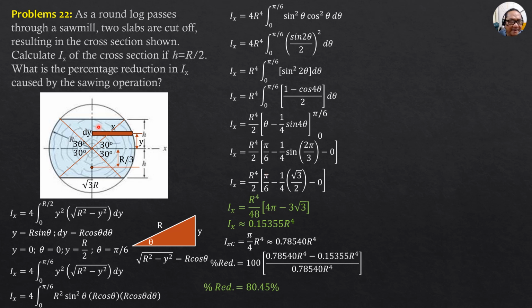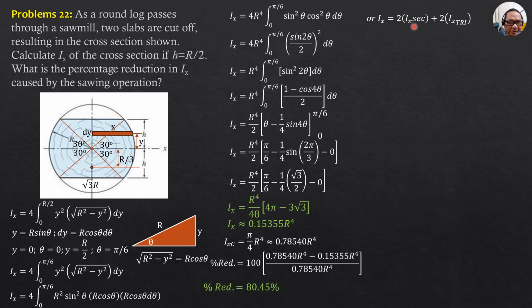So the moment of inertia with respect to the x-axis of this section is equal to 2 times Ix of the sector plus 2 times Ix centroidal. We transfer the moment of inertia of the triangle to the x-axis, so 2 times Ix of triangles. So Ix is 2 times Ix of sector plus 2 times Ix of triangle.